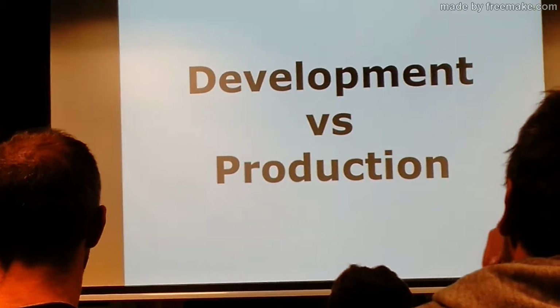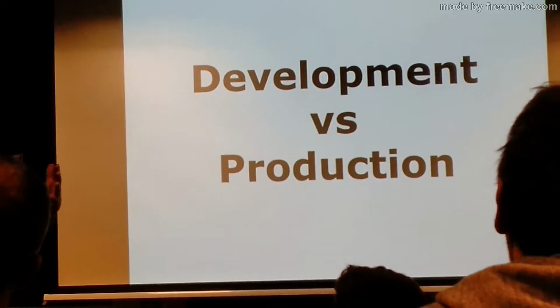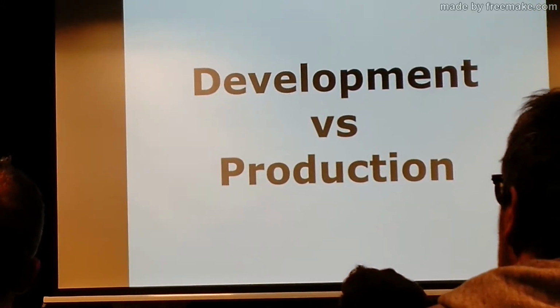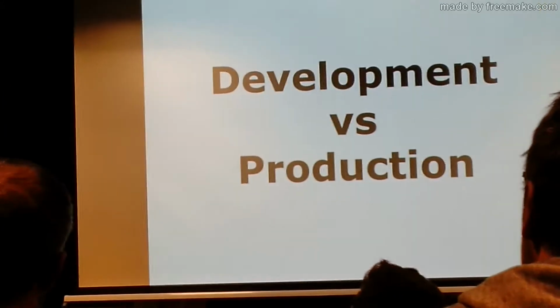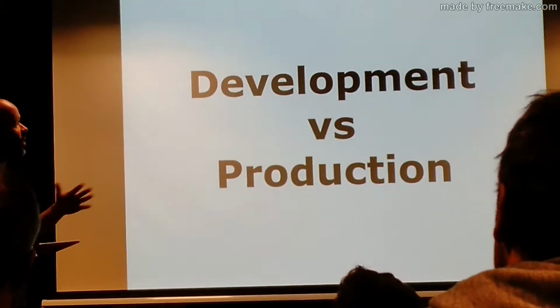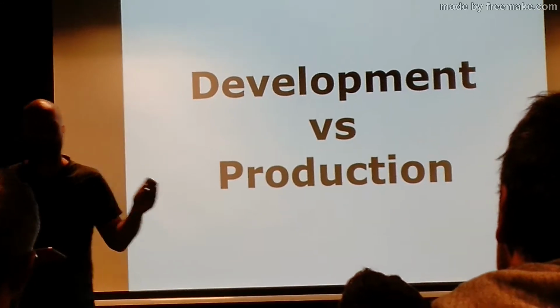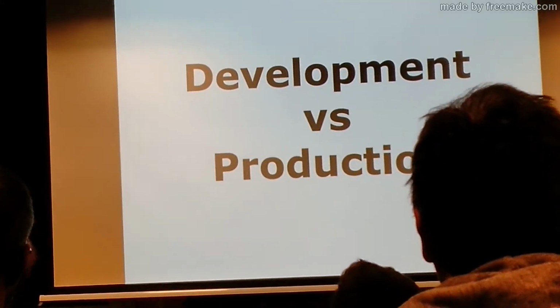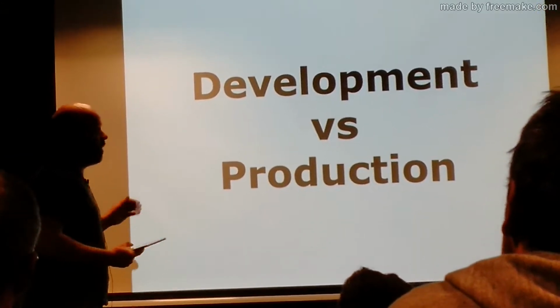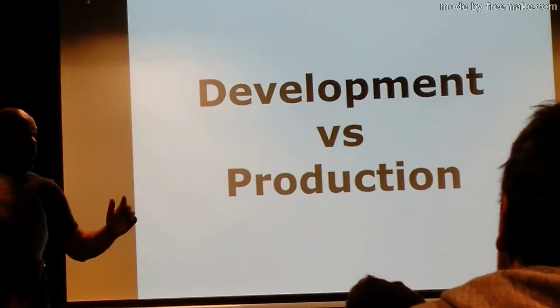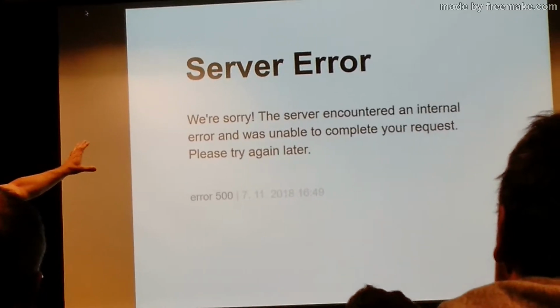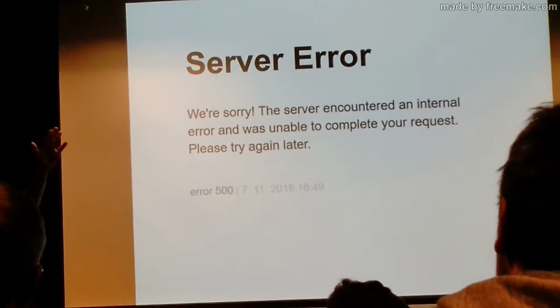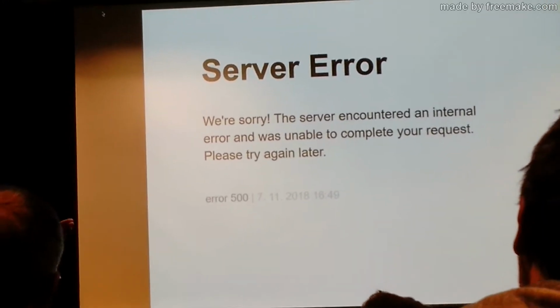All the time we have seen Tracy in development mode, but it can be switched to production mode too. In production mode, no sensitive information is displayed, so no bar, no dumps, and everything is logged on the server. So this is the error page, an uncaught exception in production mode.